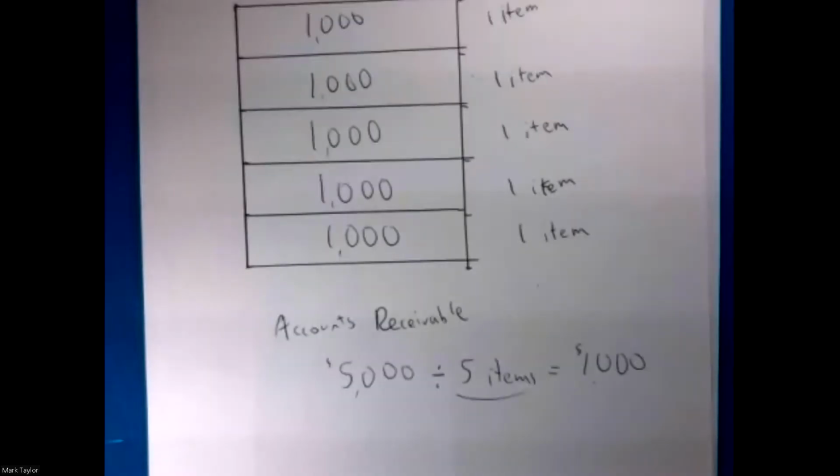Now there is something about this method that makes it much different from other methods. This used to be called dollar value sampling, and that was one of the names for it, because every dollar has an equal chance of being picked. Every dollar in our cumulative total has the same chance of being picked. You might say, so what? Well, when it comes to standard deviation, that's a big thing.